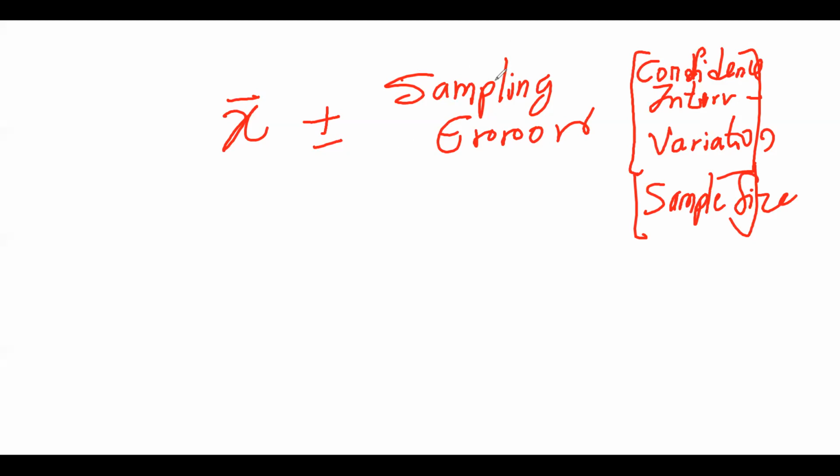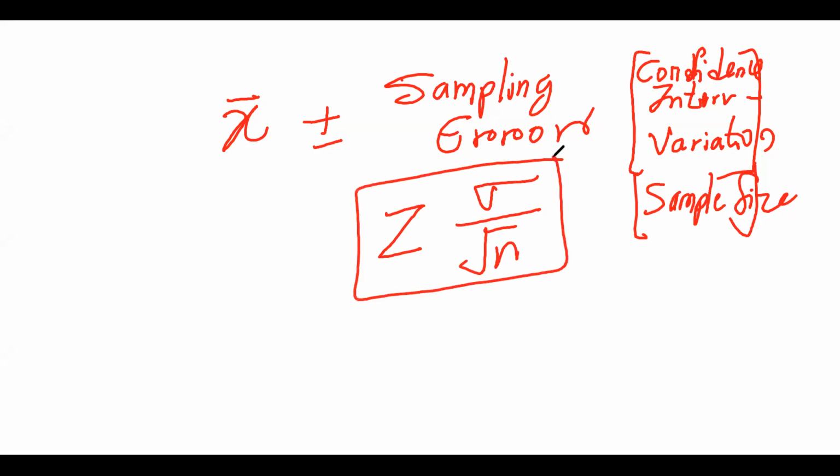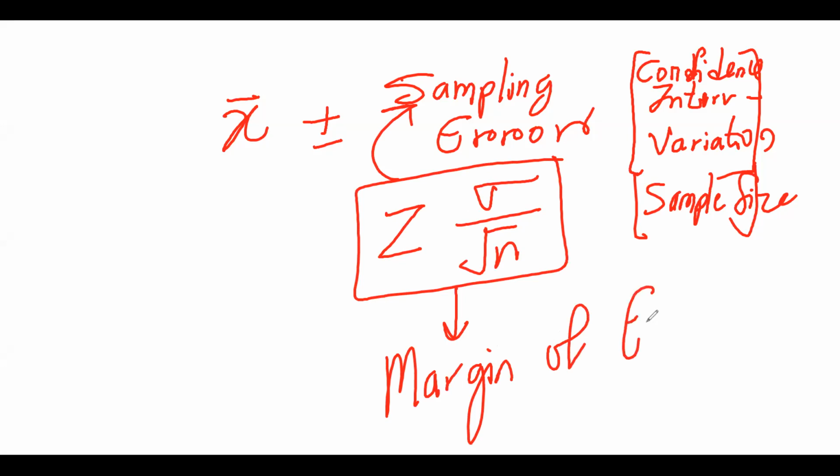So we define the sampling error as Z times standard deviation divided by root n. This is the measure of sampling error, and this concept is called margin of error. So you have to understand this concept of margin of error. Now let's say I pick a sample and find that their average salary is 9 lakhs, right?